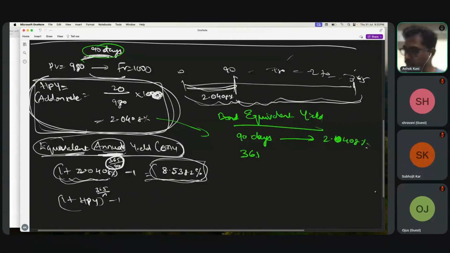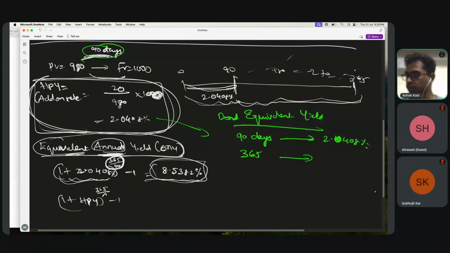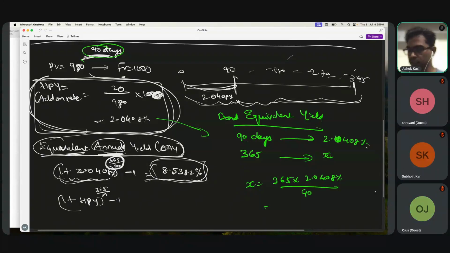So I want to calculate for 365 days, bond equivalent proportionate for annual. So how much will it be? 365 into 2.0408 percentage divided by 90. Just calculate this.